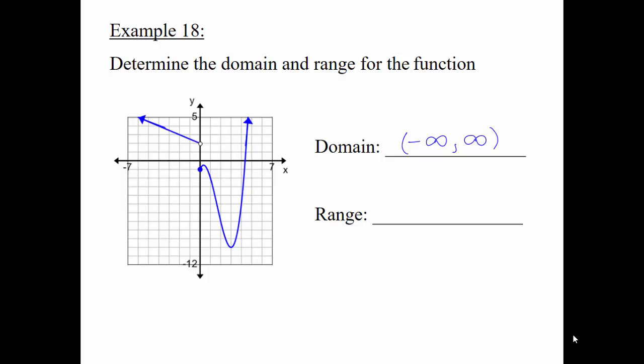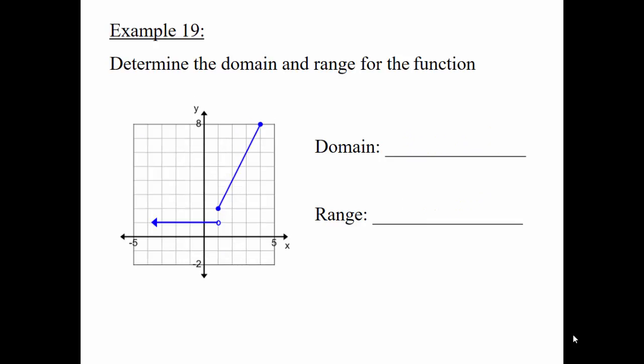And if you notice there, we have a closed circle and an open circle. So that is included where there's the closed circle. There's not really a gap in the range or a gap in the domain, but there is a gap in the graph in terms of there's two different graphs. But the range then is from negative 10, including negative 10, all the way up to infinity.